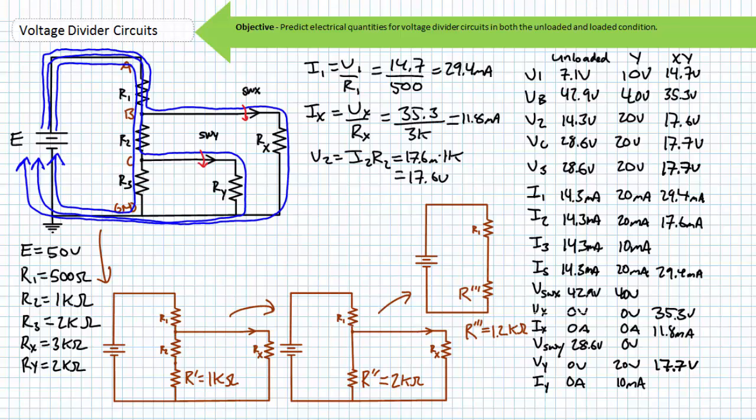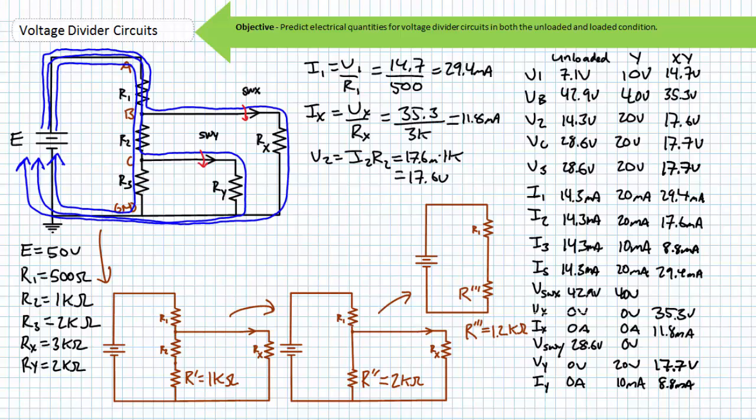However, we're aware that both R3 and Ry are resistors of the same magnitude of 2 kiloohms, with the same voltage drop across them. Current entering node C should split equally between them. I3 equals half of 17.6 milliamperes, or 8.8 milliamperes, as does Iy.